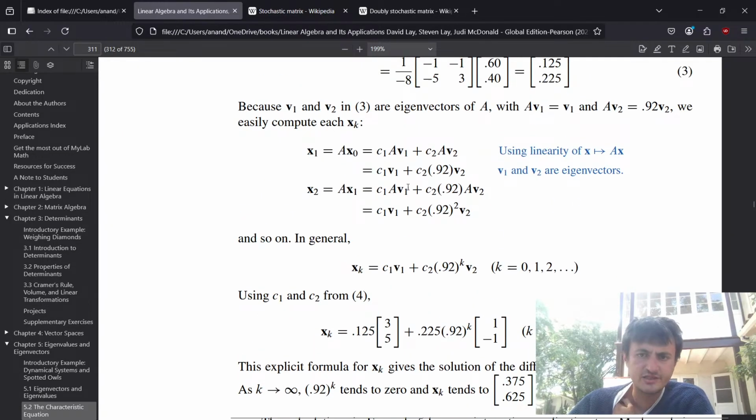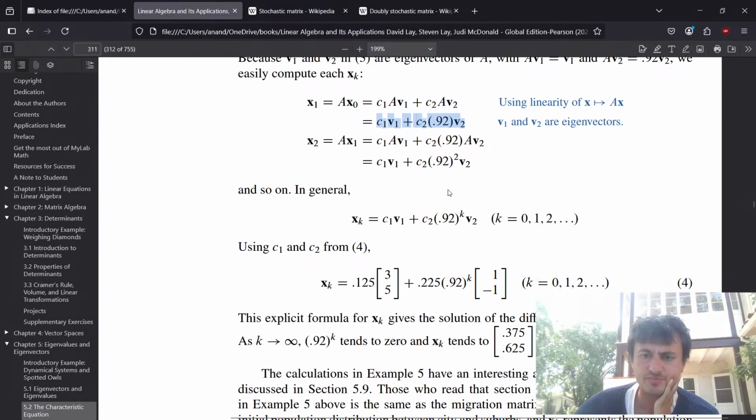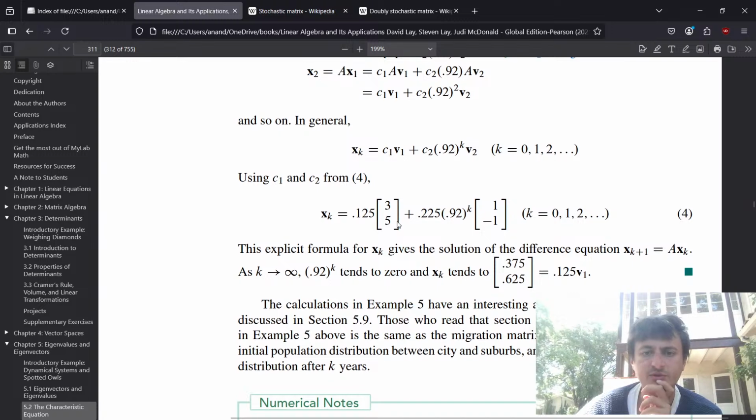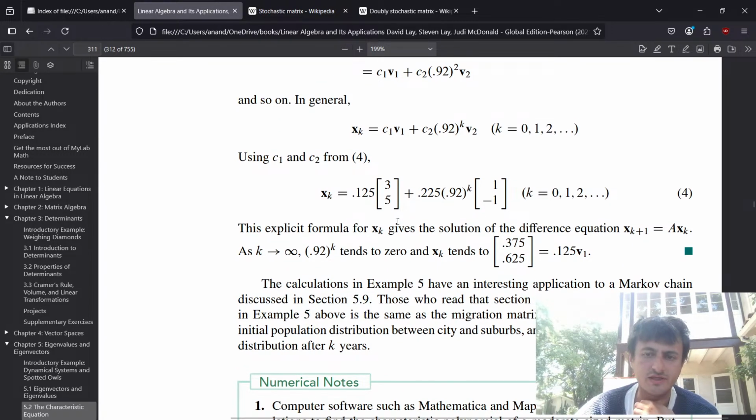Yeah, so you basically just start applying matrix powers, but the matrix powers just turn into powers of eigenvalues, but this one doesn't. This one's eigenvalue is 1, so it doesn't even change. And that allows you to find what xk is really easily.